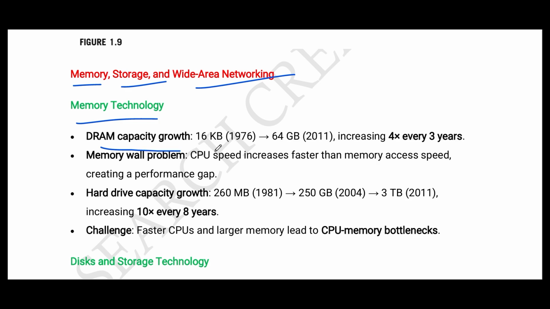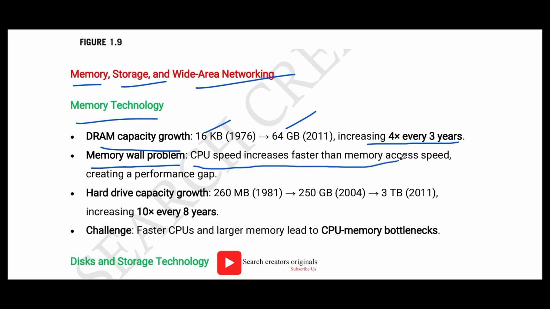In 1976, the capacity was 16 KB and in 2011 it was 64 GB, increasing 4x every 3 years. Memory wall problem: CPU speed increases faster than memory access speed, creating a performance gap.